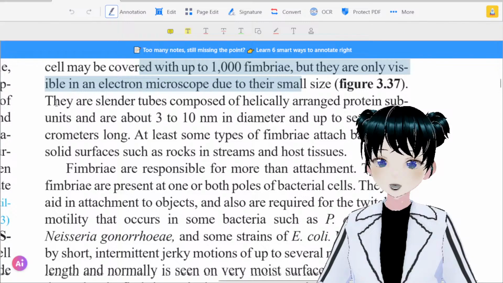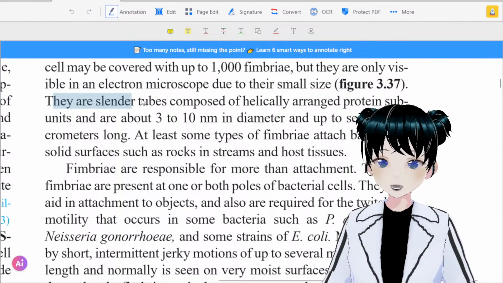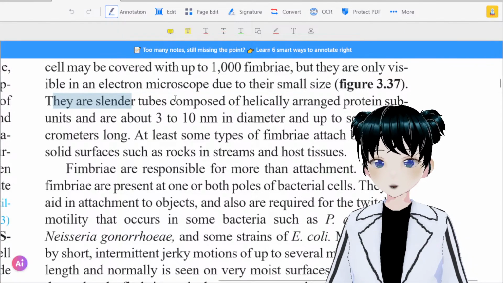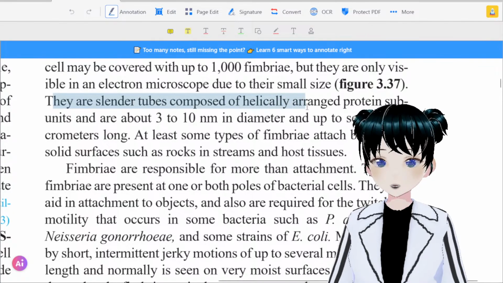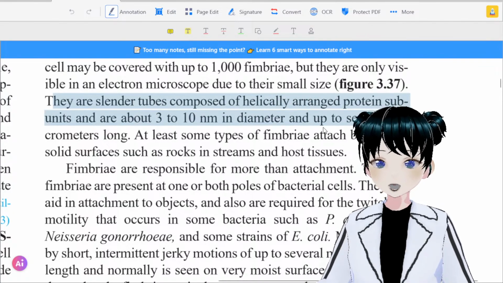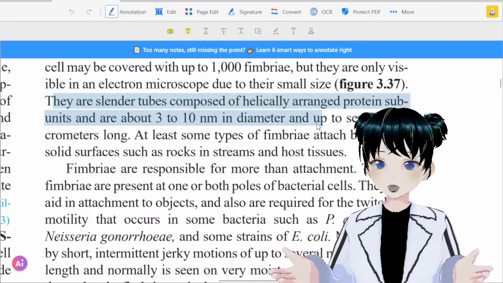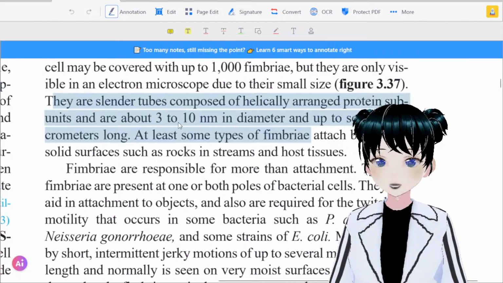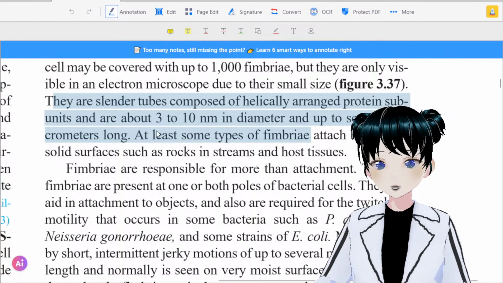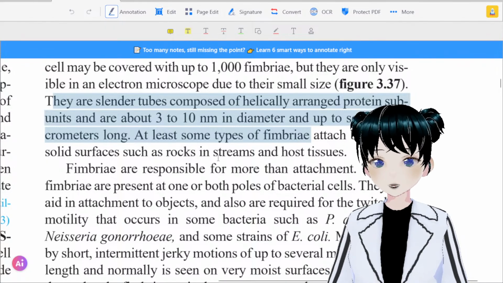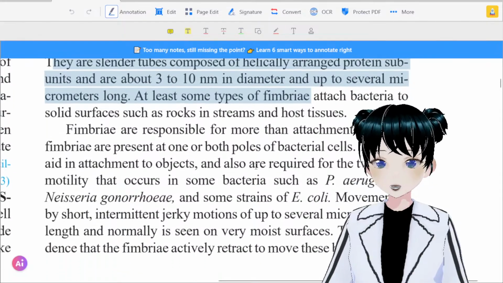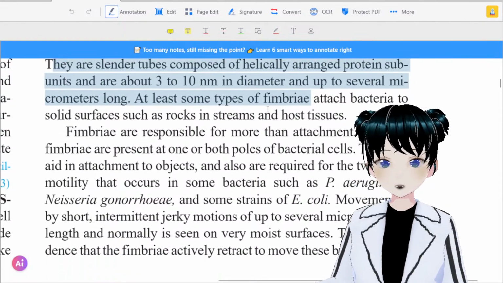So the first difference is that fimbriae are high in number and extremely small in size. They are slender tubes composed of helically arranged protein subunits and are about 3 to 10 nanometers in diameter and up to several micrometers long. So the diameter is 3 to 10 nanometers and the arrangement is not linear, it's helical like DNA, of proteins instead of nitrogenous bases.